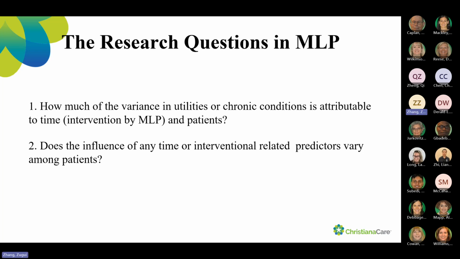Also, we will look at whether the influence of time or intervention-related predictors varies among patients. So we would like to look at whether the length of stay changes due to the medical legal partnership or intervention, or just due to the differences between patients.